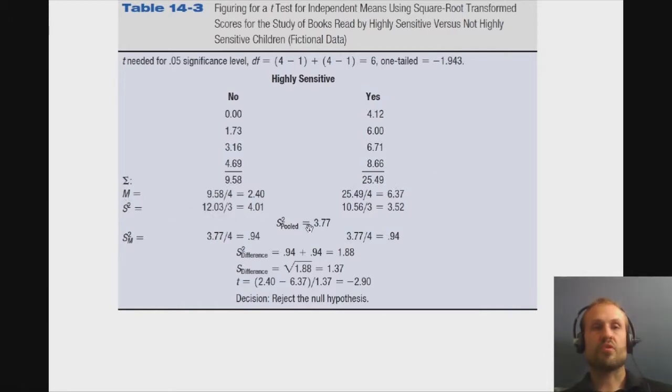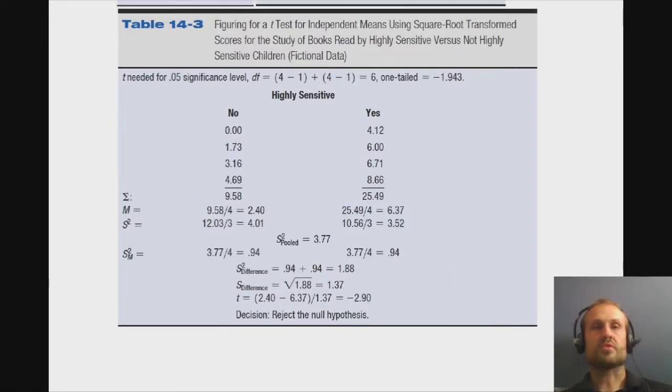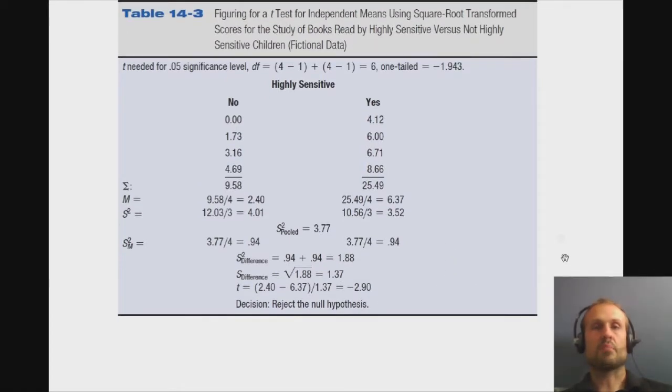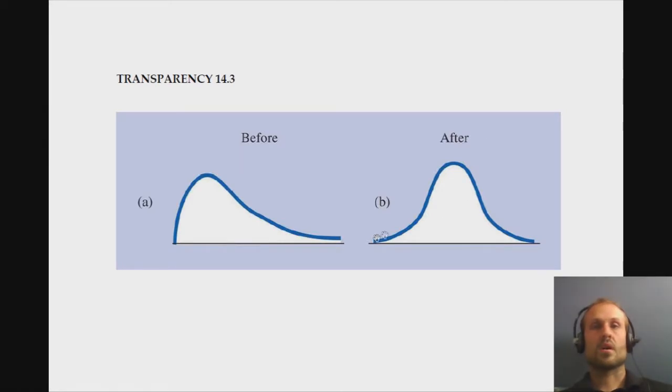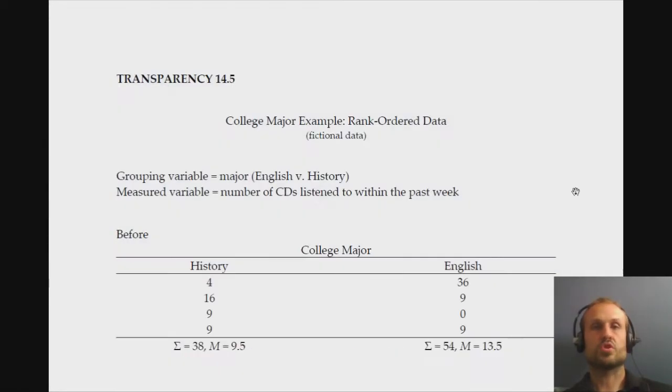And same as before, I get my pooled variance, the difference, t-score, and I see that I can reject the null hypothesis. So if my data originally doesn't come from a normal distribution, I can transform it and I get a normal shape which I can apply the t-distribution to.